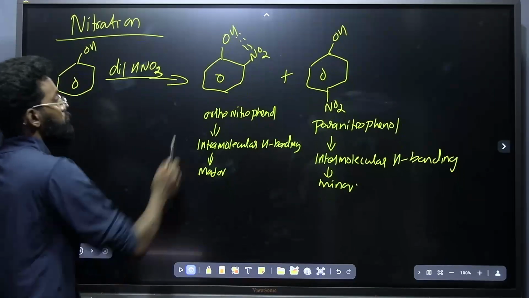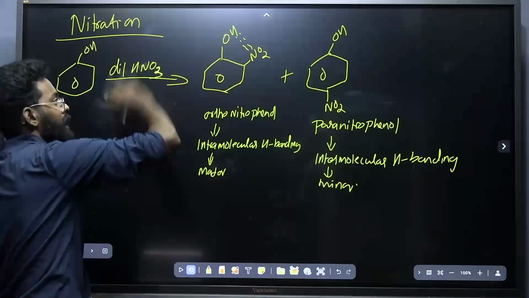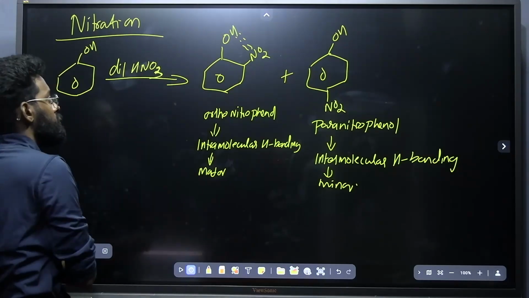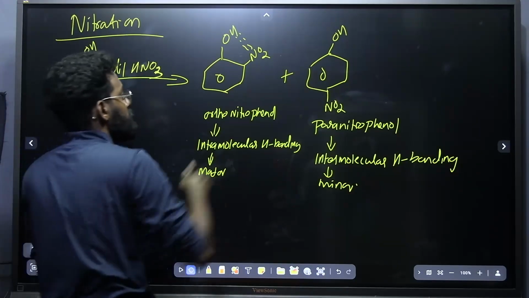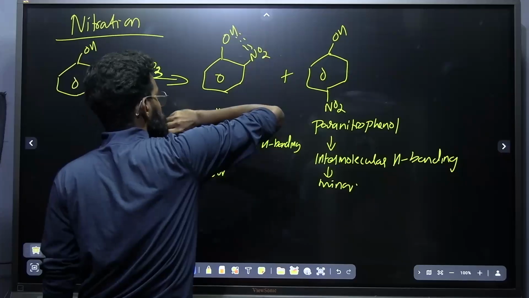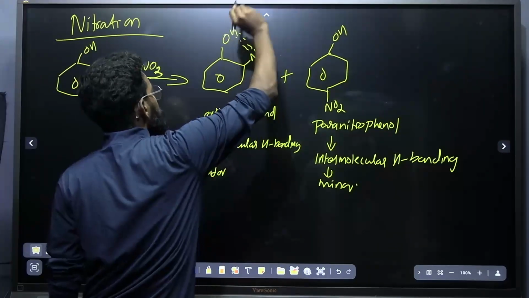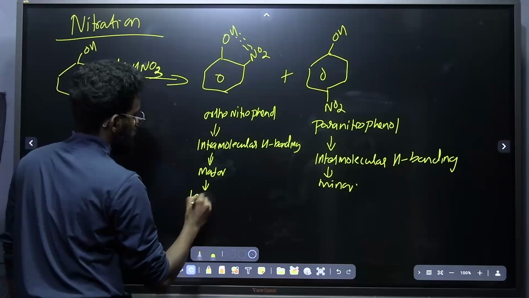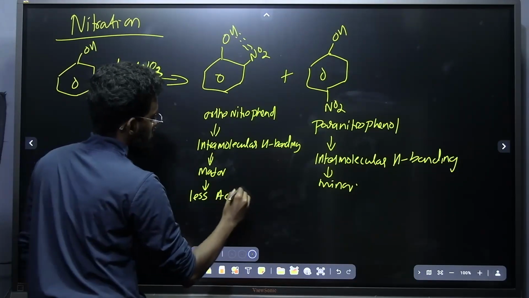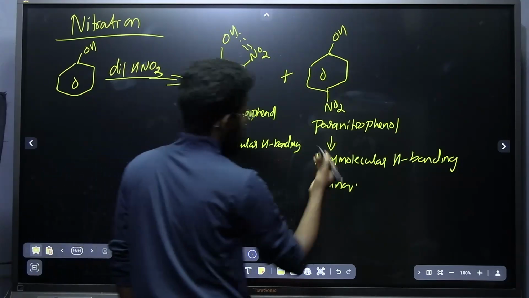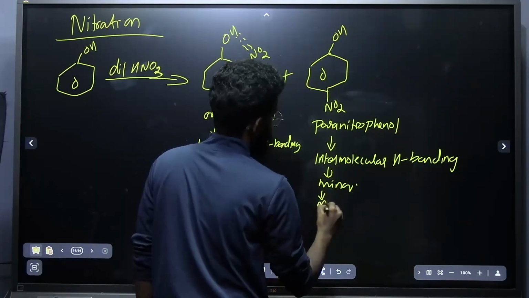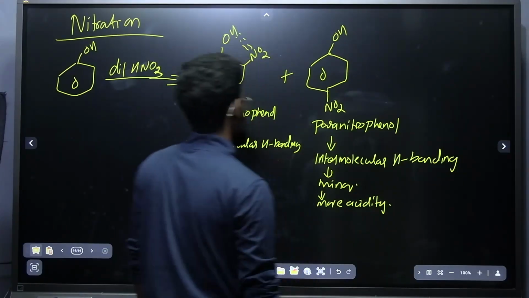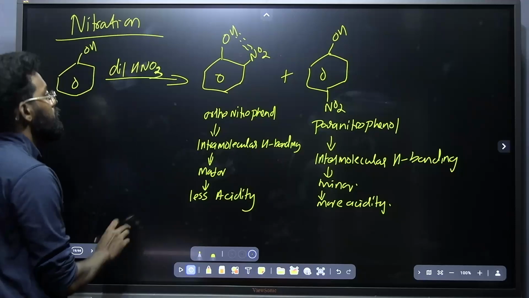Because of intramolecular hydrogen bonding, what about the acidity? It will have lower acidity, because this hydrogen is involved in the hydrogen bonding, so the hydrogen won't be able to release as a proton immediately. So the acidity will be less, and para will have more acidity compared to the ortho.